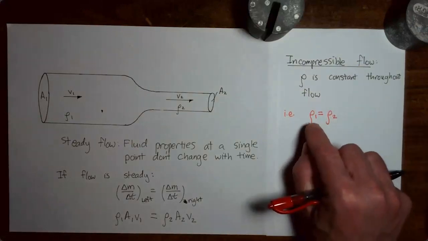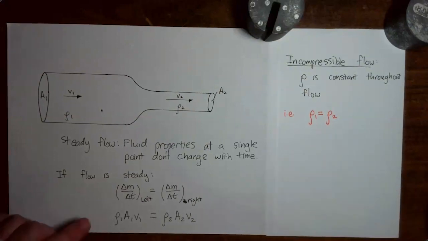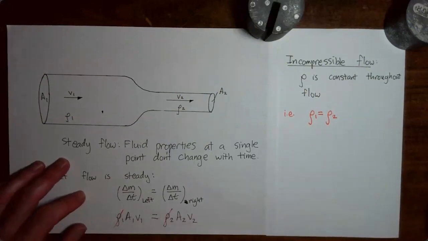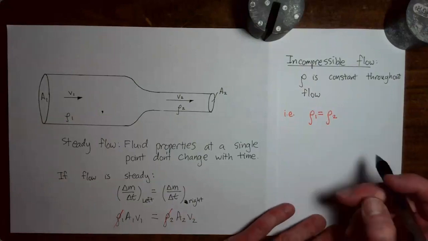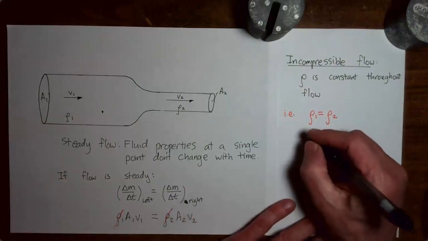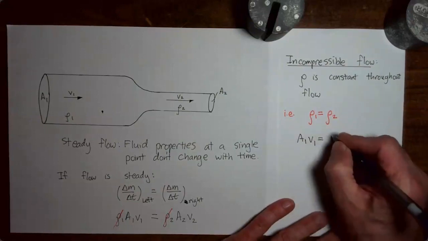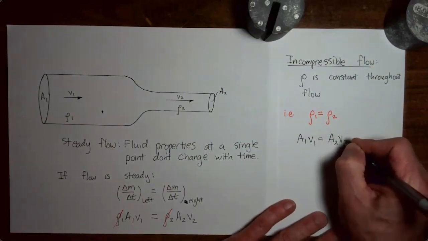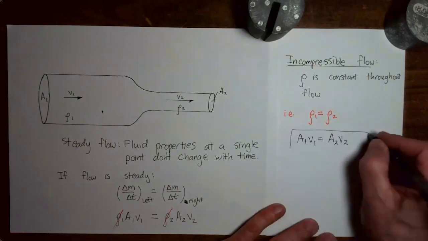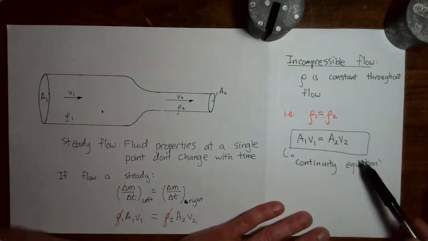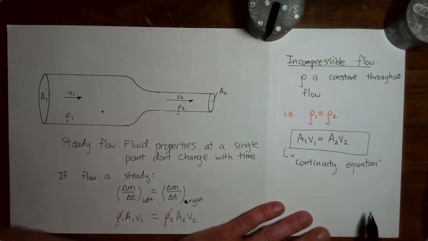Now, if rho 1 equals rho 2, we can come back to here and cancel the densities between the two sides. And canceling the densities, we get area 1 times flow speed 1 equals area 2 times flow speed 2. This equation is referred to in introductory textbooks as the continuity equation.